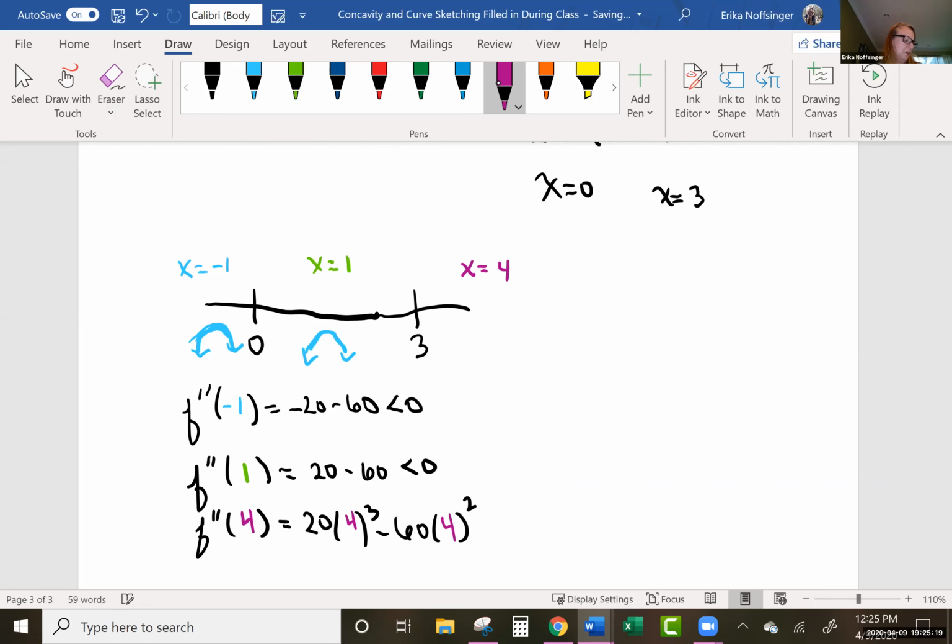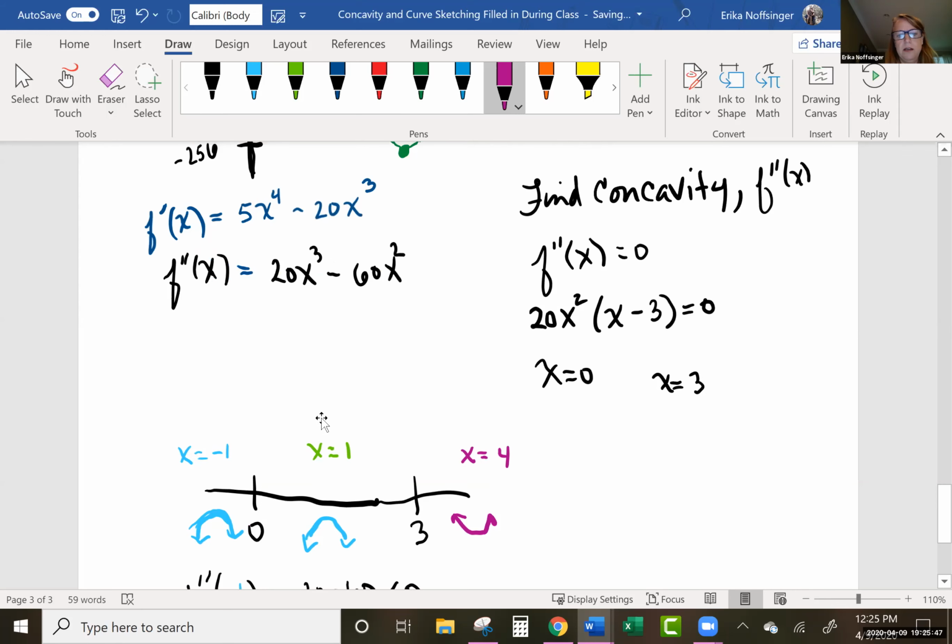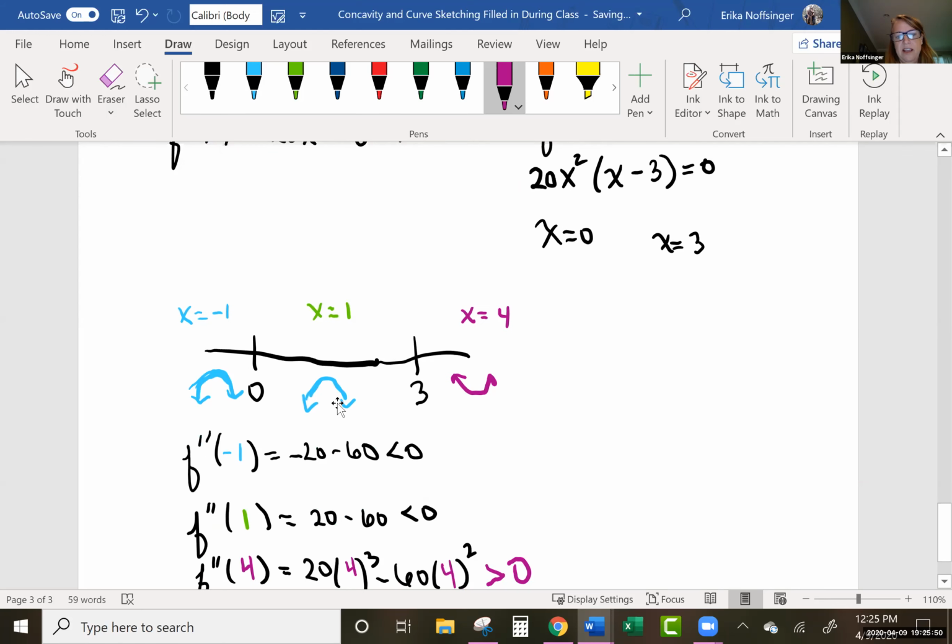So 4 cubed, that's 64, all times the 20 out front, minus 60 times 4 squared, which is 16. That gives you 320. So this is bigger than 0, and so this is concave up. Okay, so what I thought was wrong wasn't wrong, because that was an inflection point. So concave down. At 3, we have an inflection point.